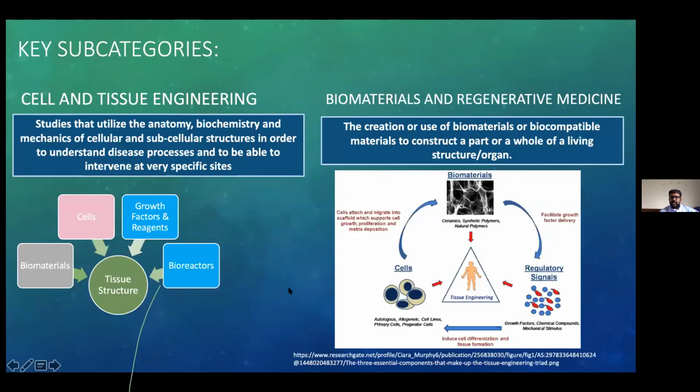And then we come to the more exotic varieties of biomedical engineering, which is cell and tissue engineering. I have clubbed this together with biomaterials and regenerative medicine because I think they go together. Here what we are trying to do is basically replicate either the function of a cell, which is very critical, or the function of a whole tissue, or the function of a whole organ.